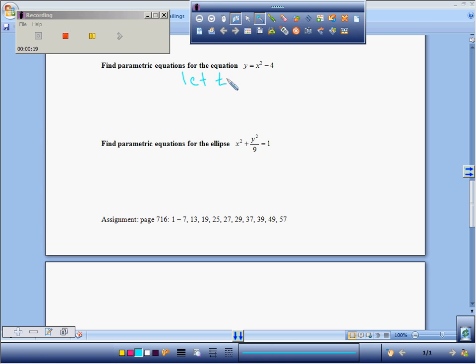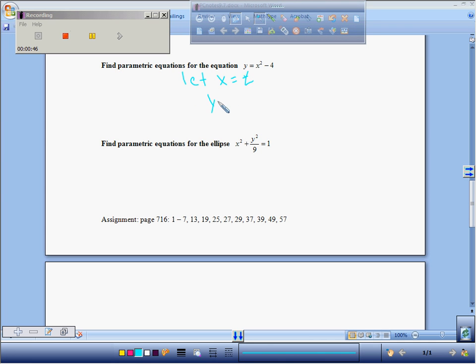You should let x equal t. That's one parametric equation. And your other equation, you just take t and plug it in there.